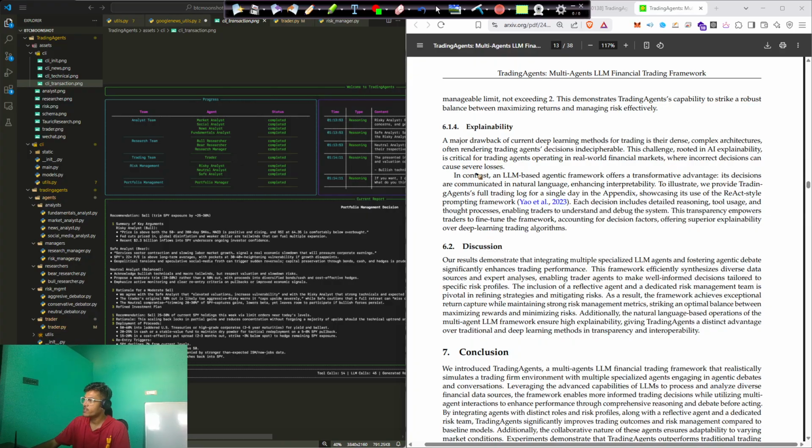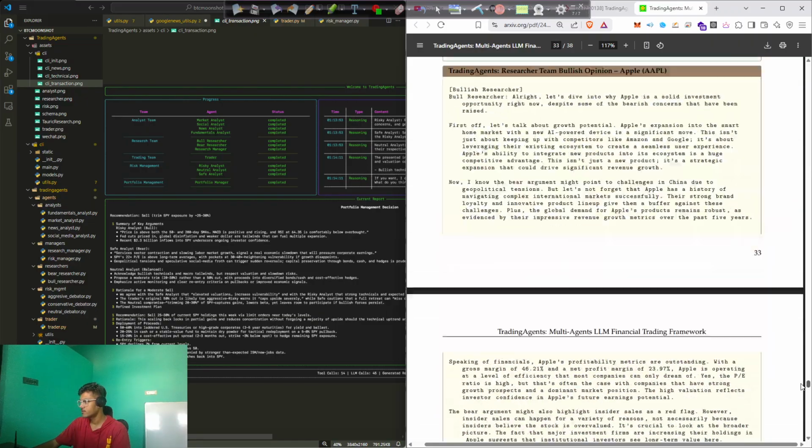When we move on to LLM based models, we are interpreting all the results in natural language. So basically, we already know what it's thinking, what the result was, and what its decision making process was during that action, right? That's what they listed in this ReAct style prompting framework. So let us go there and see.